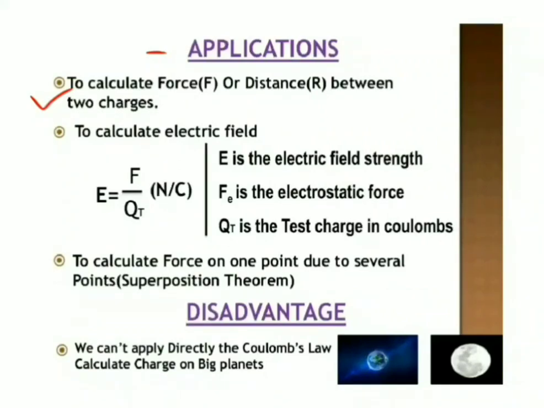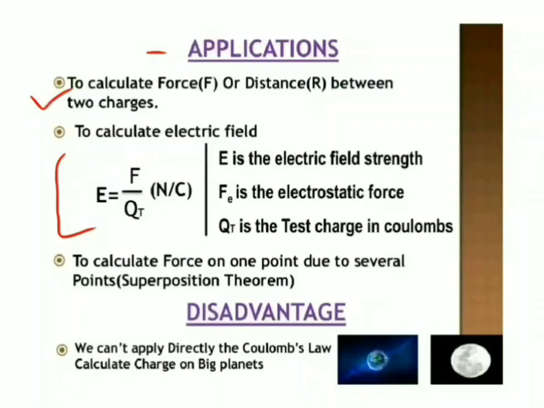We can find that electric field by using this formula: E is equal to F by Qt, where Qt is the test charge in coulombs, F is the total force acting in the system, and E is the electric field, where Newton per coulomb is the SI unit of electric field.